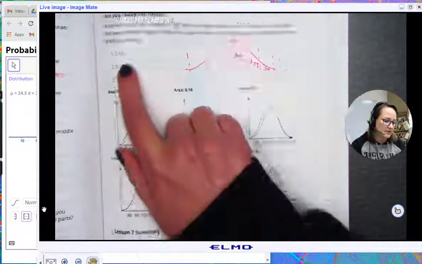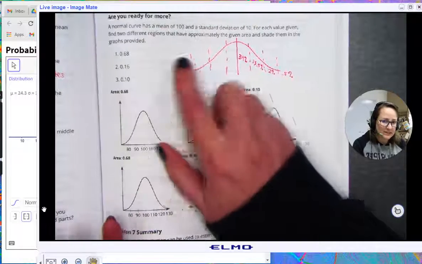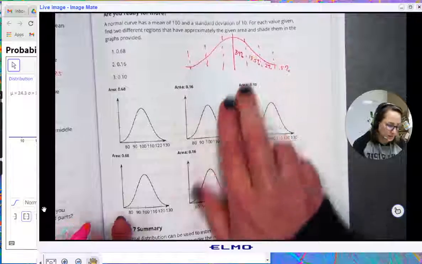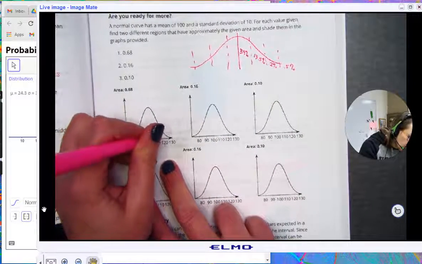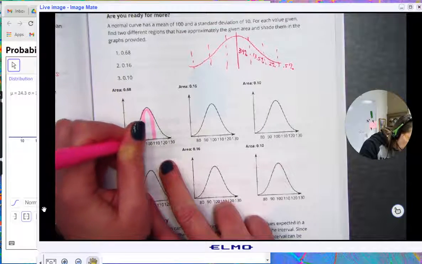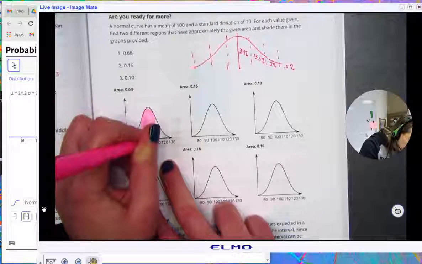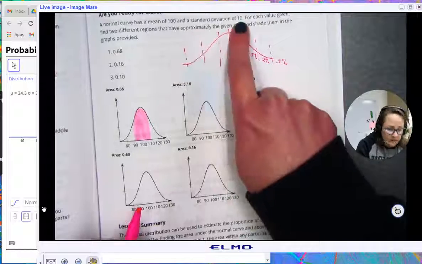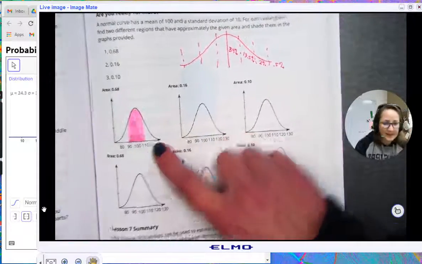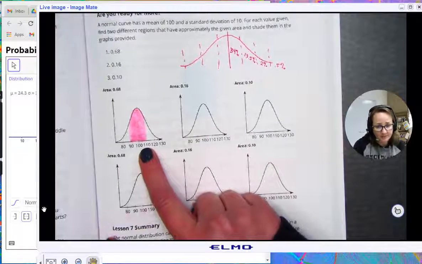Number one is saying 68%. Well, 68% is these two middle portions right here. One way I could do this is to go with one standard deviation above and below the mean. It told me the mean is at 100, standard deviation of 10, so I've got it from 90 to 110. That is about 68% of our data.